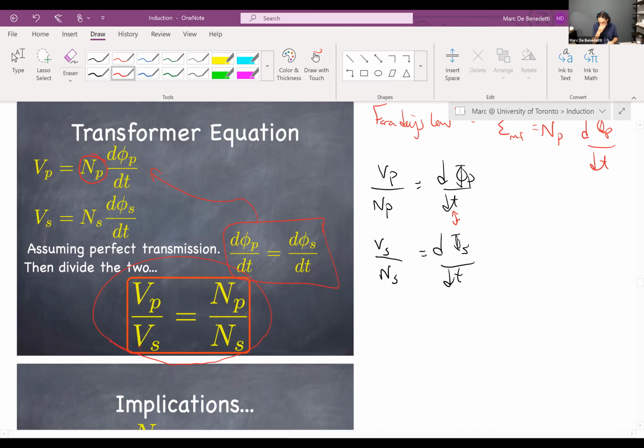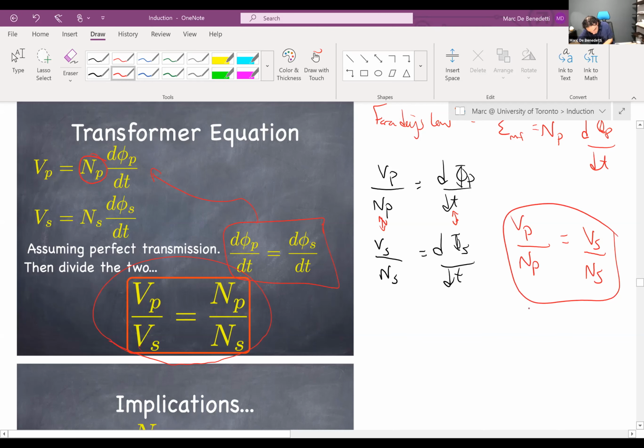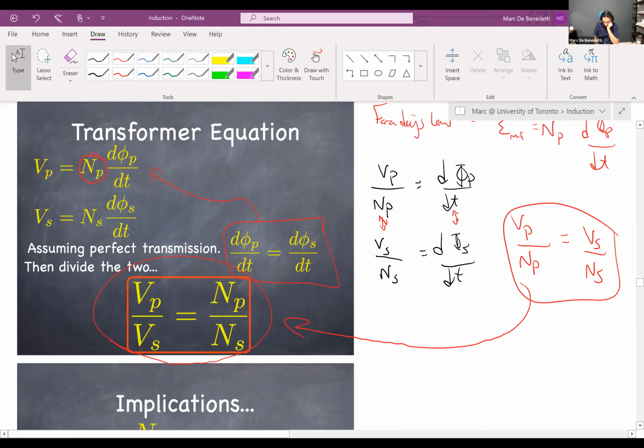By design, we're confident in our engineering that that iron core is dependably making this B field felt equally in both coils. So then we can also equate this side. So then we end up getting voltage primary over N primary equals voltage secondary over N secondary. And that's where that equation comes from.